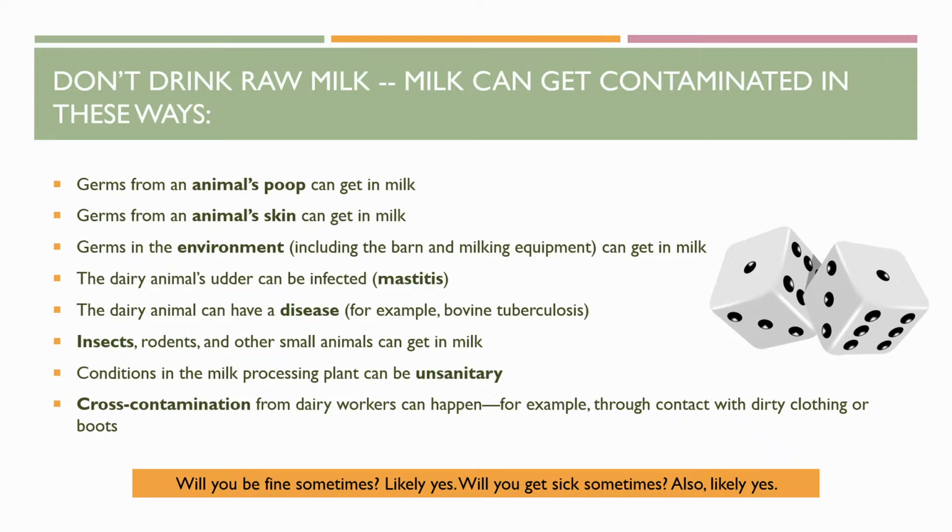There are insects that can get in the milk. There are conditions in the milk processing plant that can be unsanitary, and cross-contamination from different people. So if you drink raw milk, will you be fine? Maybe yes, but will you get sick? Also maybe yes, so don't drink raw milk, essentially.